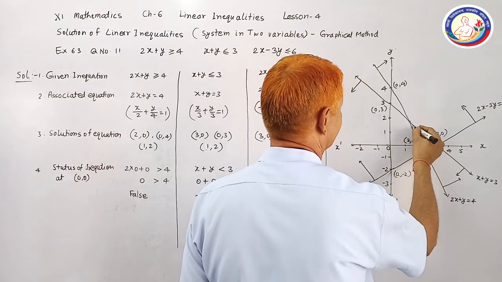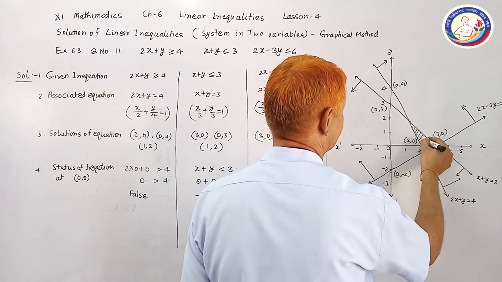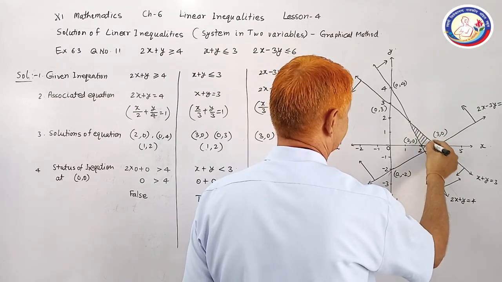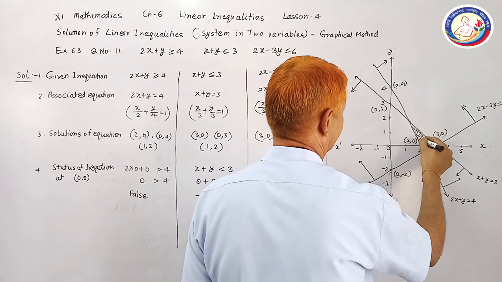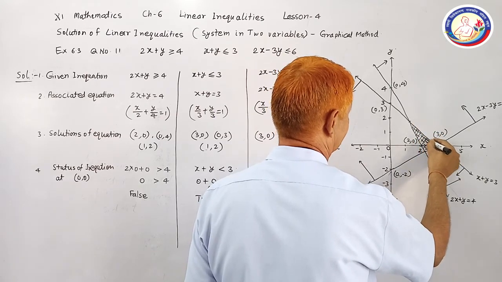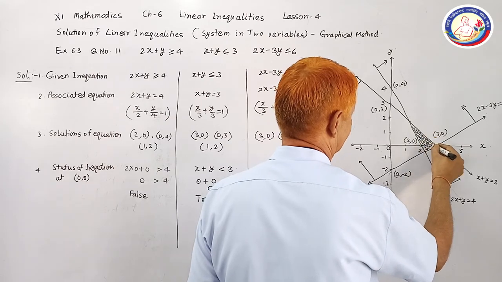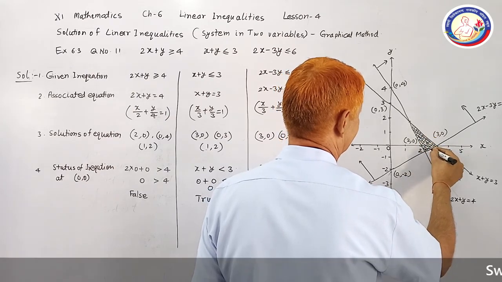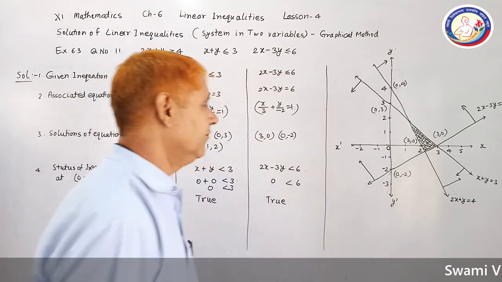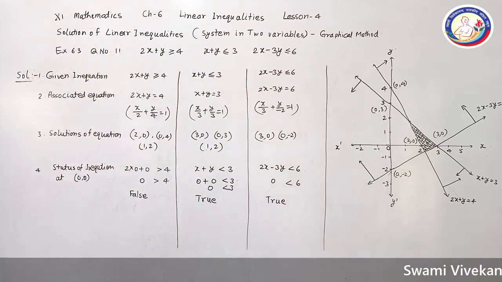So this will be the region of solution, the common area. You can shade it or mark it by lines. In this way we can find the solution of a given system of linear inequalities with two variables using the graphical method.